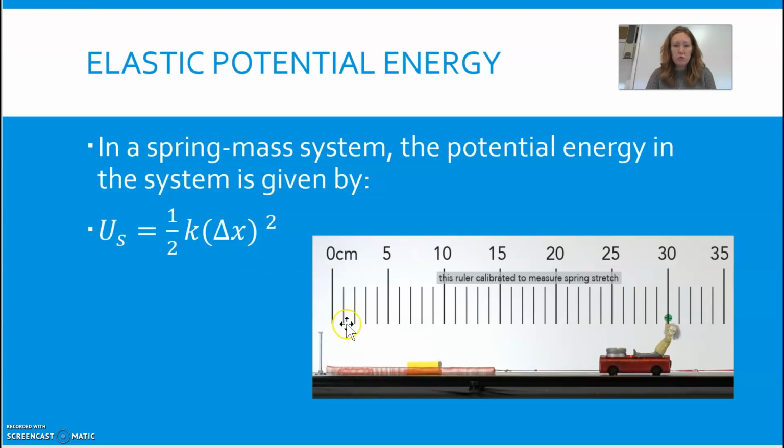But then when you stretch it out or compress it by delta x, it doesn't want to be like that, right? And then when you let go, some of that potential energy will be transformed into kinetic energy. So those are old formulas that we used to have for work.